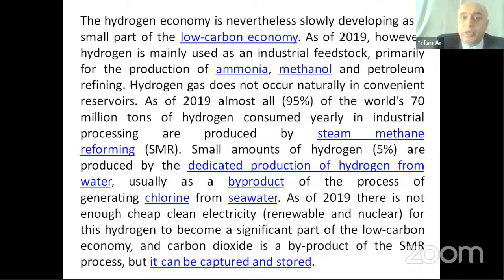For example, wind, solar, wave, or hydro, and other kinds of primary energies can be used to produce hydrogen. Therefore, hydrogen is known as the freedom energy or independent energy.